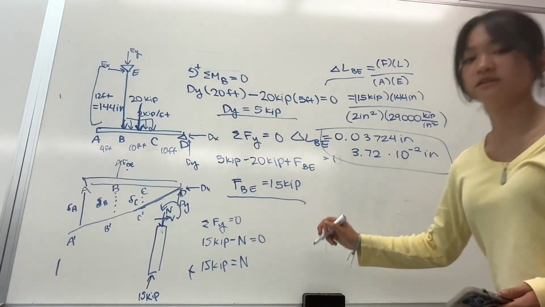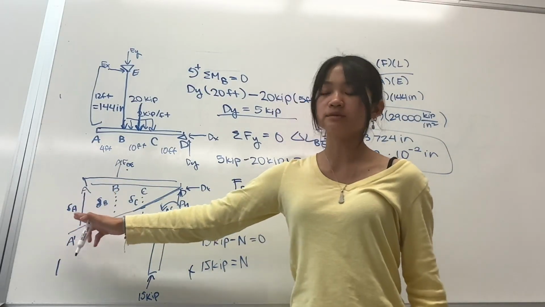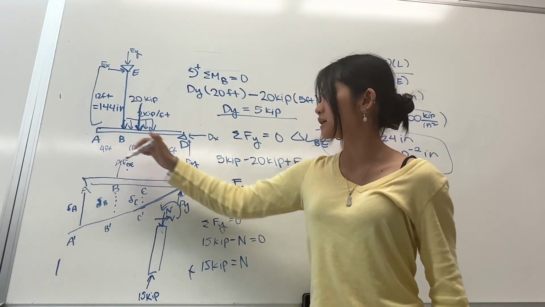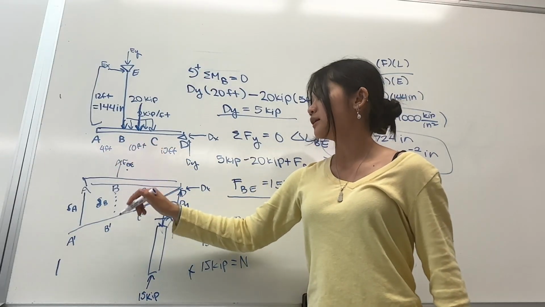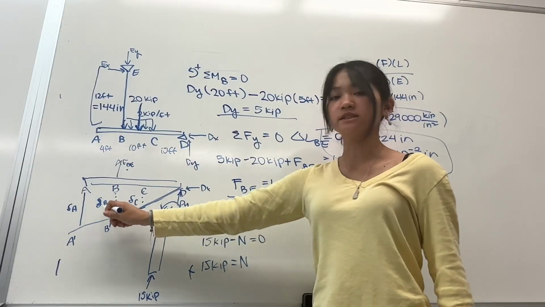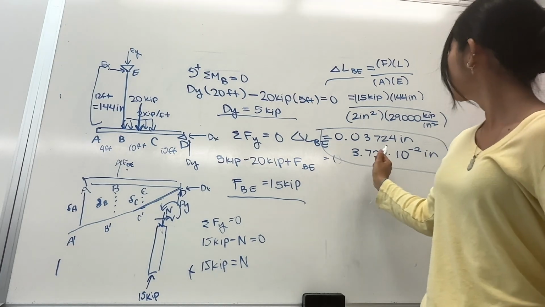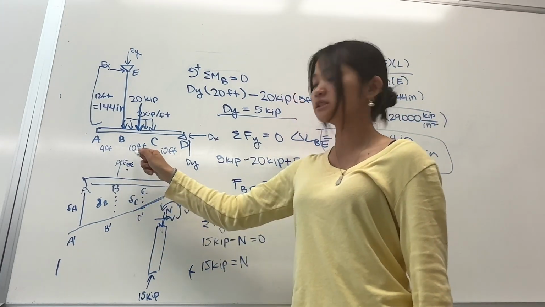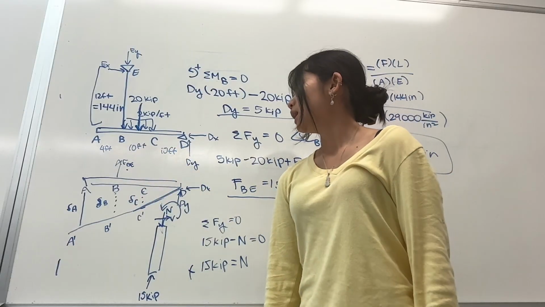We could say that this is one whole triangle, and then one side is displacement of A, and then the other side is this entire length, which is 4 plus 10 plus 10, which is 24 feet. And then we have our smaller triangle on the inside, which you already have this displacement for, which is 0.03724 inches. And we have this length right here, which is 10 feet plus 10 feet, which is 20 feet, right?